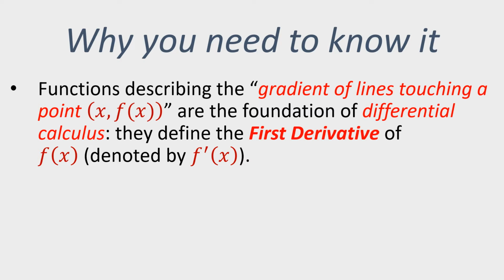Functions describing the gradient of lines touching a point on a curve, like this here, these are the basis of differential calculus. And they give rise to this notion of what I called the first derivative of a function, which we use this notation to describe.